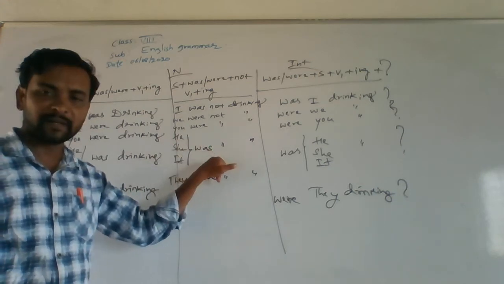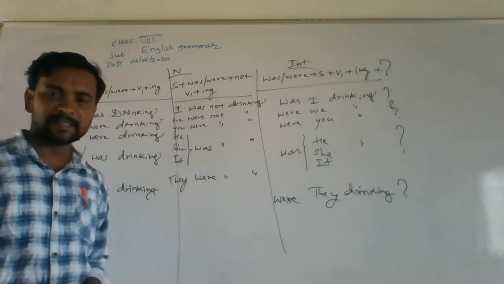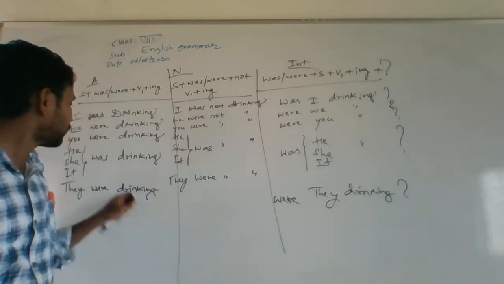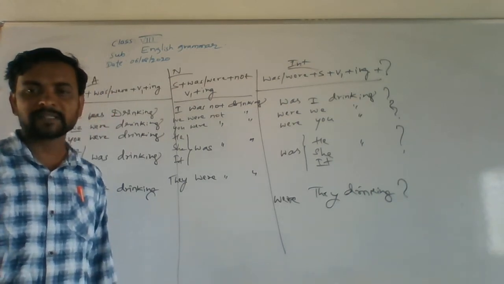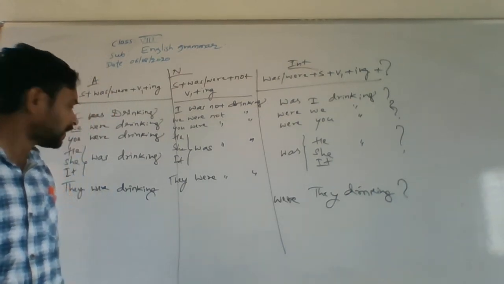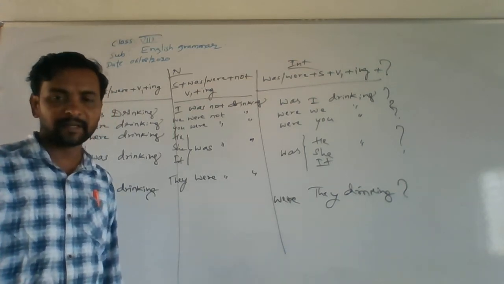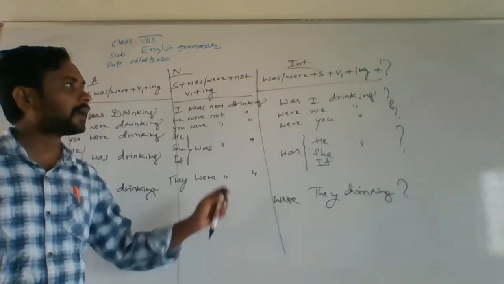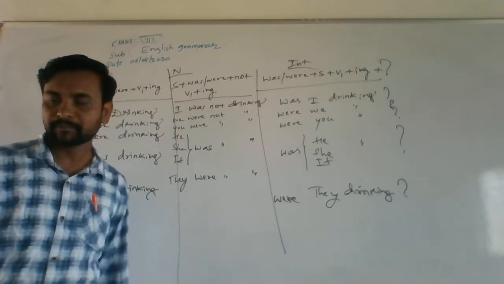He was not drinking. Was he drinking? She was drinking. She was not drinking. Was she drinking? It was drinking. It was not drinking. Was it drinking? They were drinking. They were not drinking. Were they drinking? Assertive, negative, and interrogative. So write down this one.